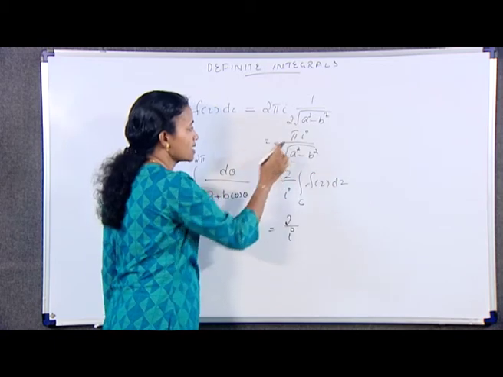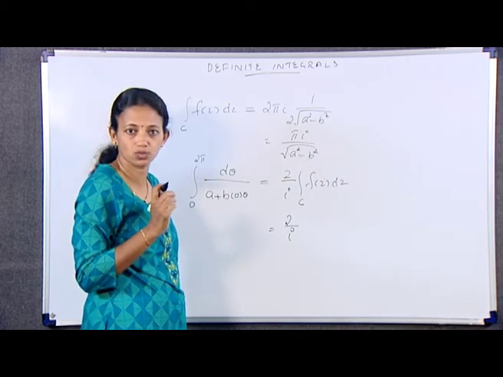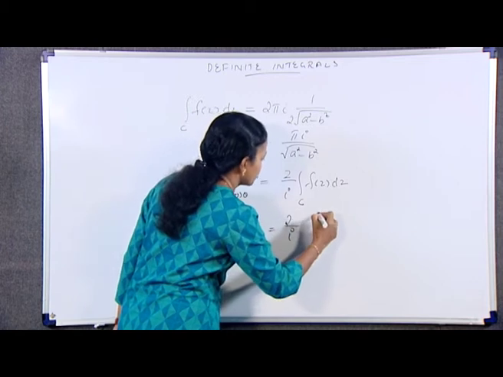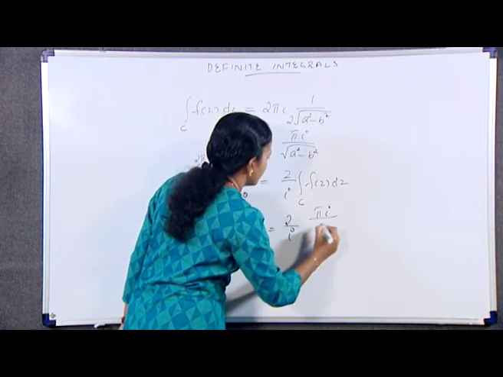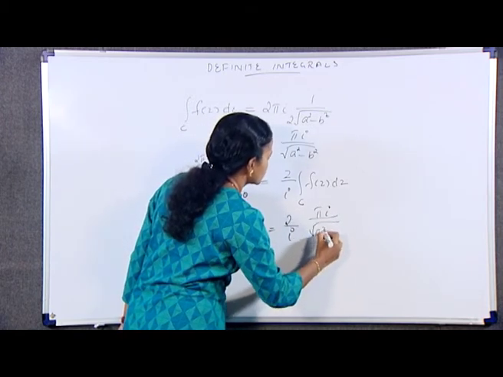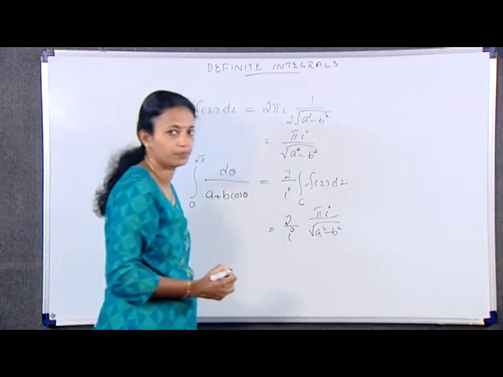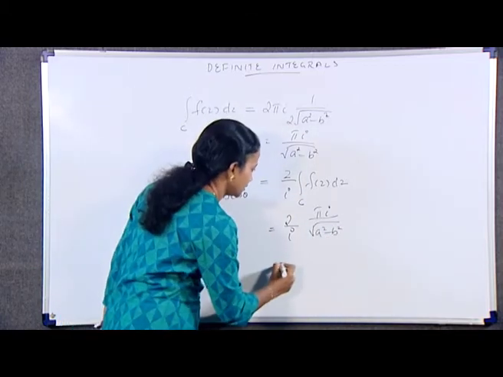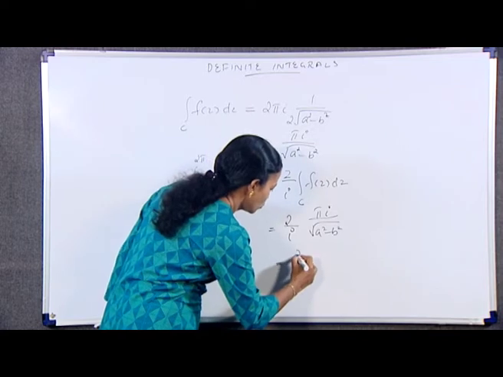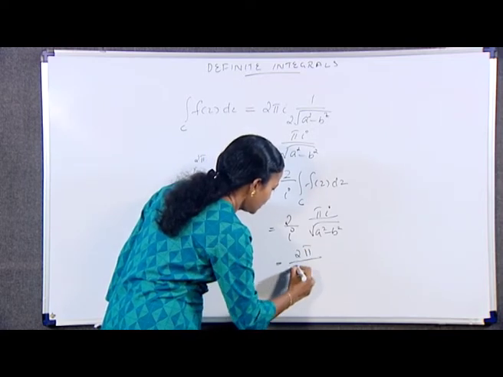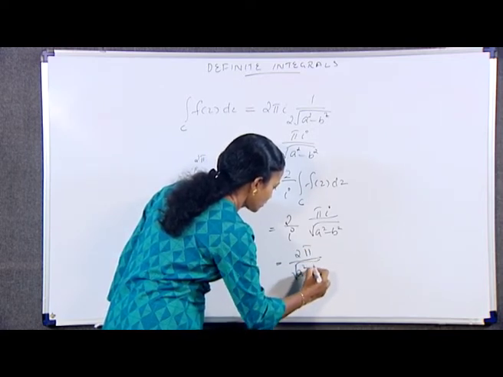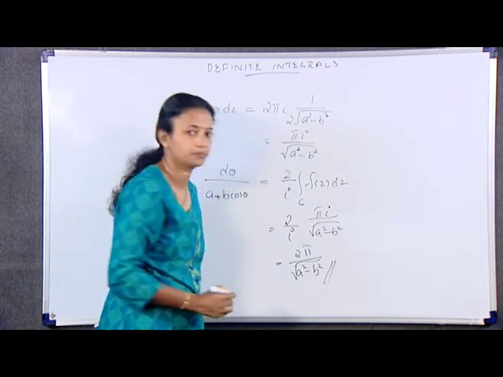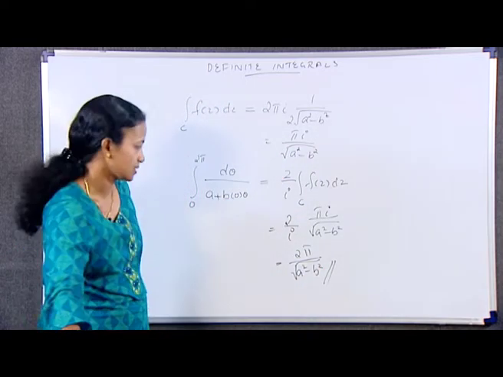We got it as pi i by square root of a square minus b square. So, substituting here, pi i divided by square root of a square minus b square, by cancelling, is equal to 2 pi divided by square root of a square minus b square. Next example.